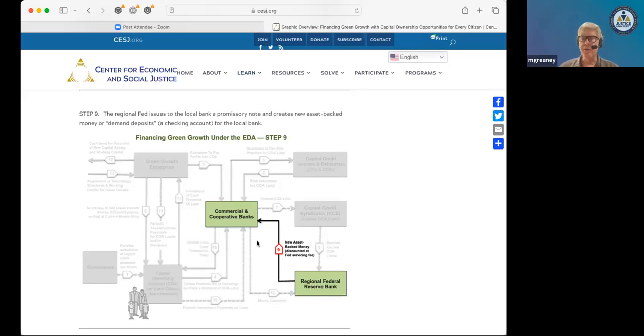That's rediscounting, because what the central bank does is issue its own promissory note obliging the commercial bank on those bills of exchange. And it uses that promissory note signed by the commercial bank to create a demand deposit in the name of the commercial bank at the central bank. That demand deposit backs the new demand deposit for the borrower at the commercial bank level.